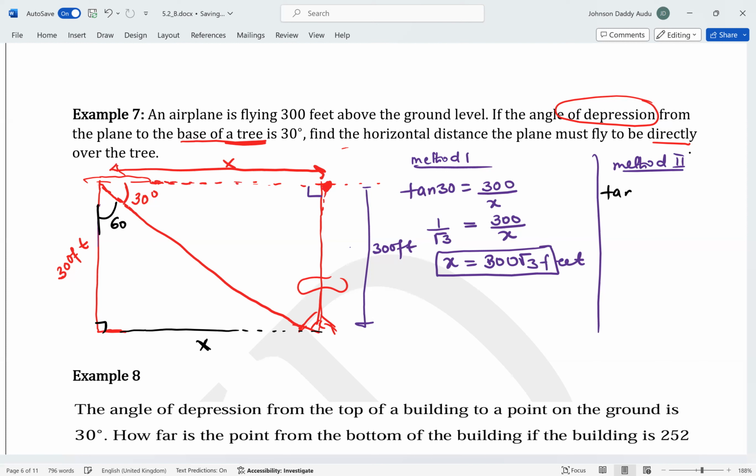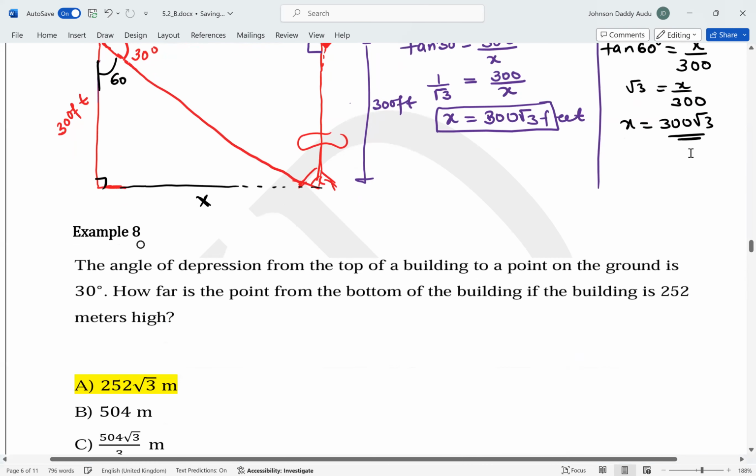Tan 60 is X over 300. And what is this? Root 3 is X over 300. So you can see that X is still 300 root 3. So any method we use is still fine.